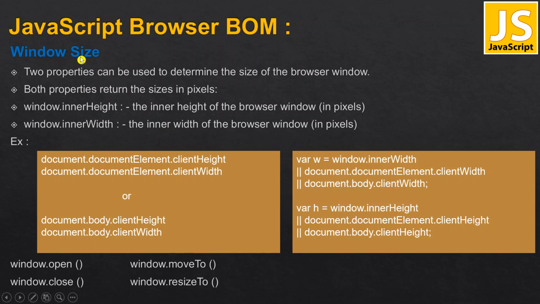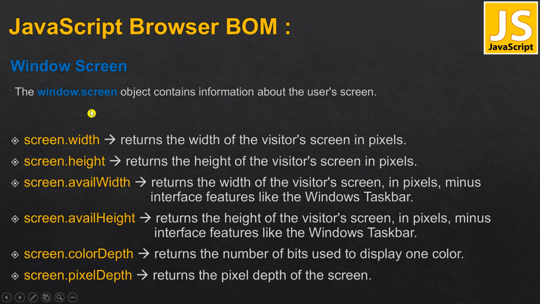Now we are seeing the screen. Screen dot height returns the height of the visitor's screen in pixels.